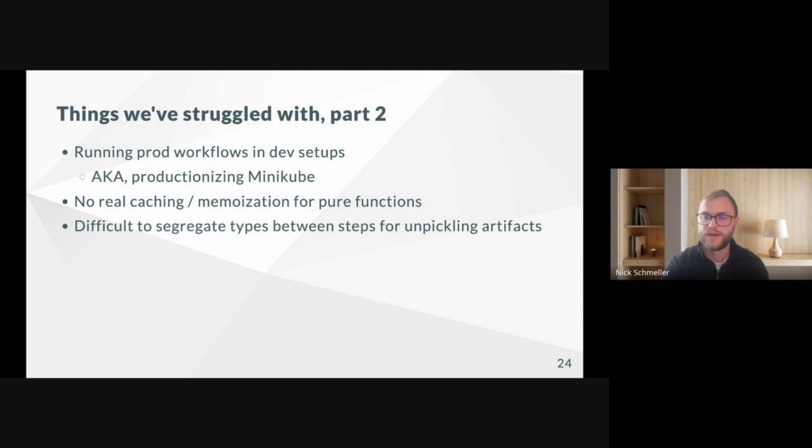One thing we found is that if we want to unpickle our artifacts, we need to have types available from lots of different packages, since we organize our code into different packages. So far we haven't figured out a good way to make sure these types are scoped only to the container image, instead of having to import every type across every container image.